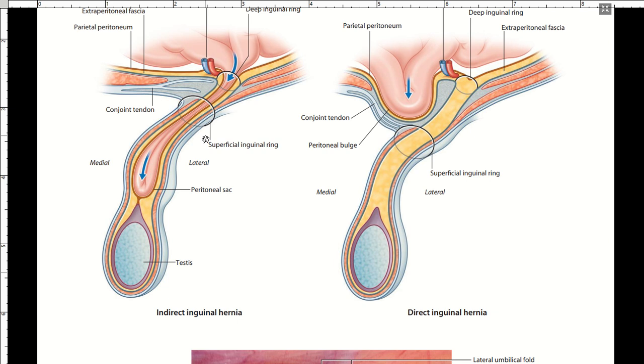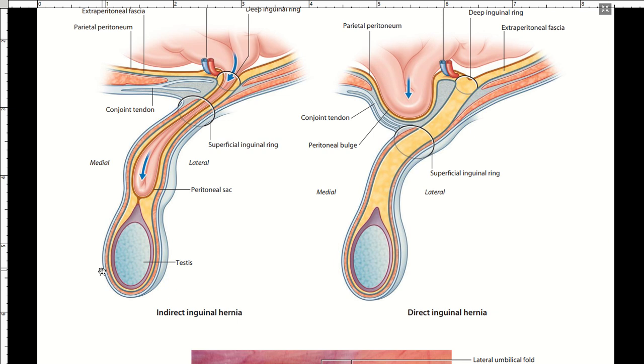Why on the right? Embryologically, the left testis descends first before the right testis. So the processus vaginalis of the left obliterates first before the processus vaginalis of the right.